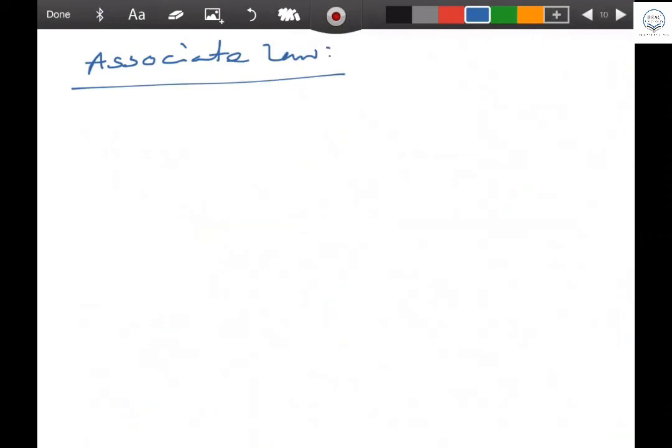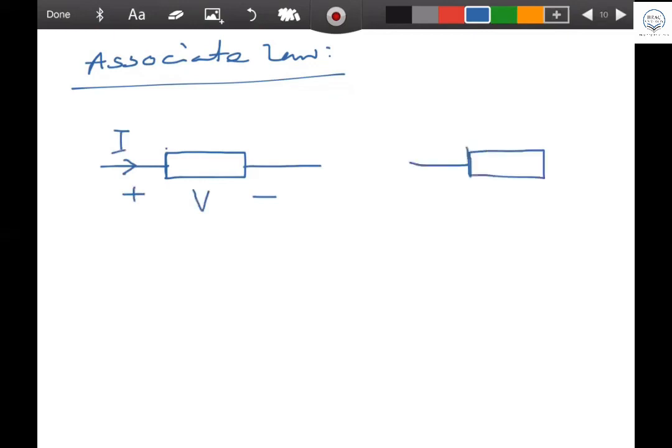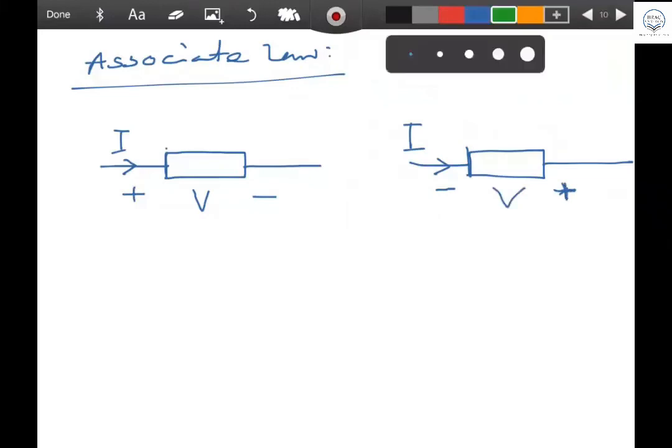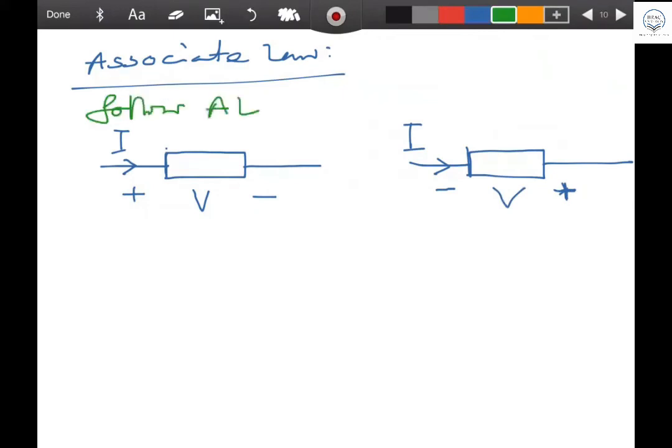Look at it: an element is there and the current flows this way, with the voltage plus and minus V, and this is I. Another one is like this: current I is there, and this is minus, this is plus, the V. These follow the associated law. AL, I am assuming, means associated law.